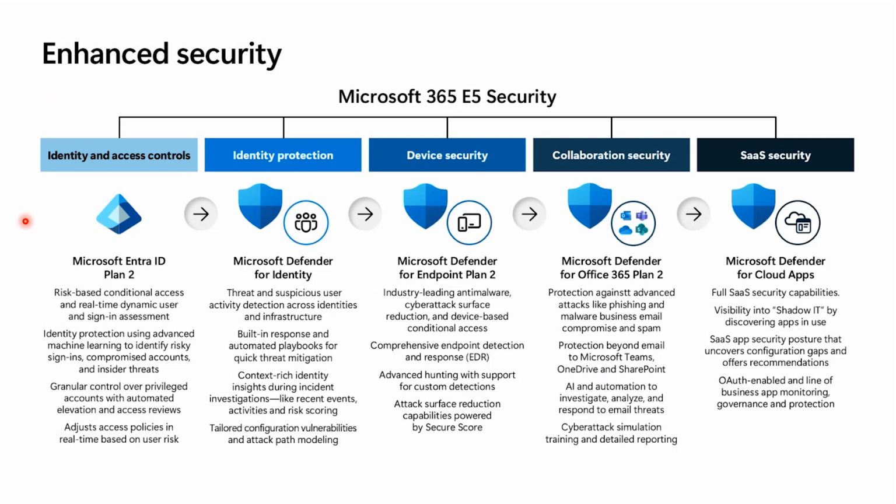We can choose to not permit access. We can choose a password change. We can limit which applications or which information is rendered accessible. We can do all that because of Entra ID Plan 2. This is what gives us that risk-based conditional access.